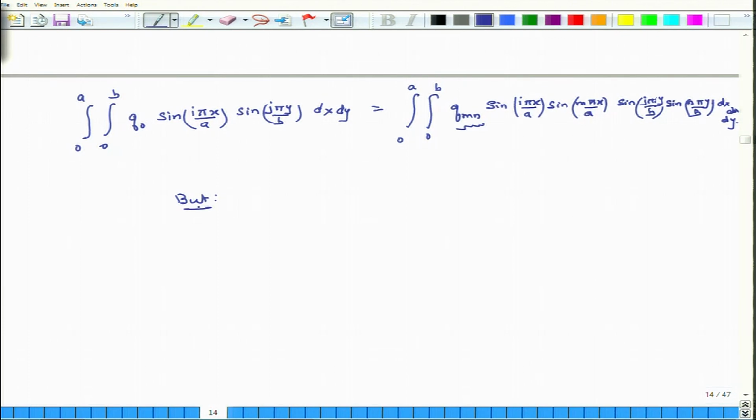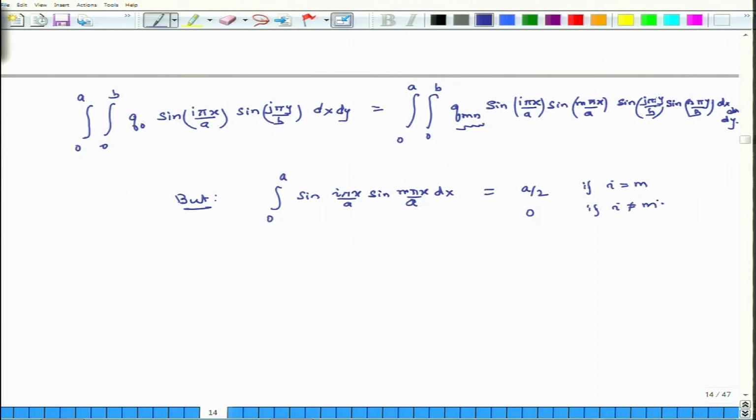We know that the integral from 0 to a of sine of i pi x over a, sine of m pi x over a dx is equal to a over 2 if i equals m, and equal to 0 if i is not equal to m.